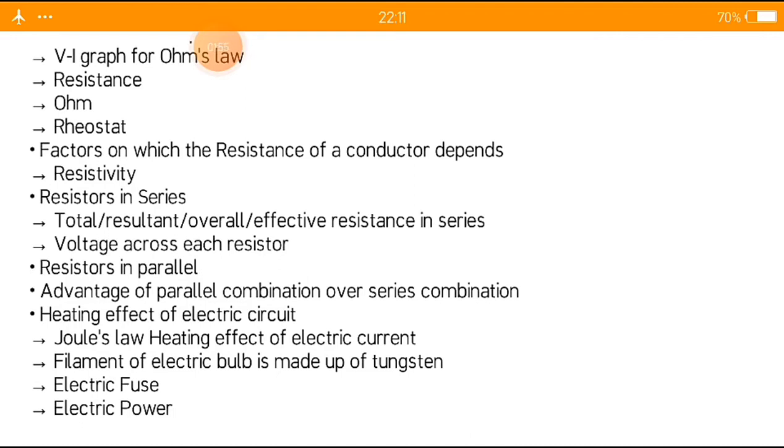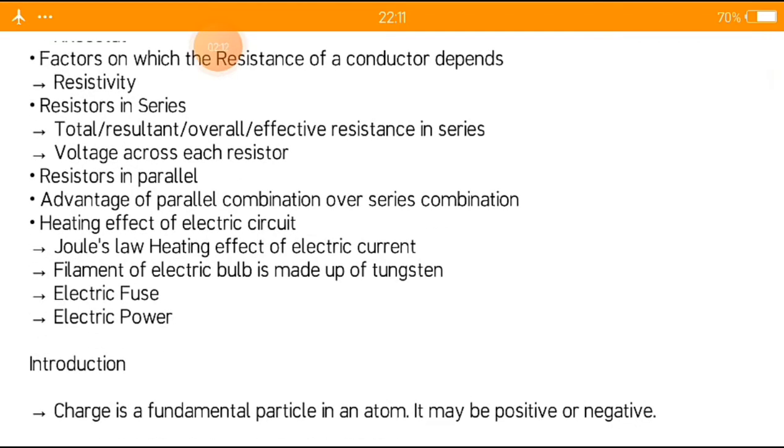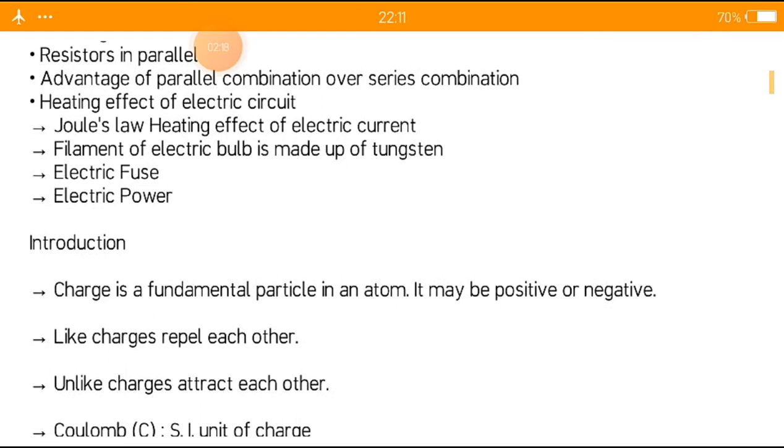Then heating effect of electric current. Joule's law, heating effect of electric current. Filament of electric bulb is made up of tungsten, electric fuse and electric power.